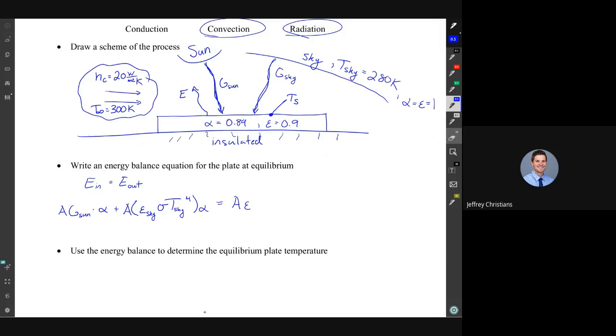This is from the sun. This is from the sky. Emitted from the plate, sigma T S to the fourth.